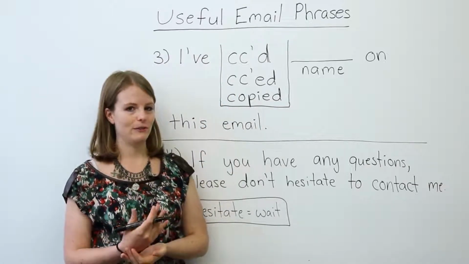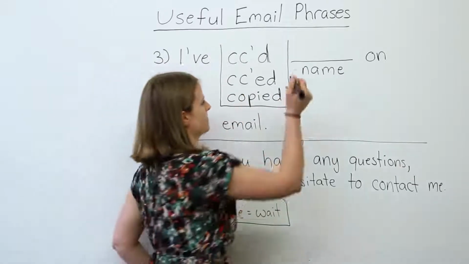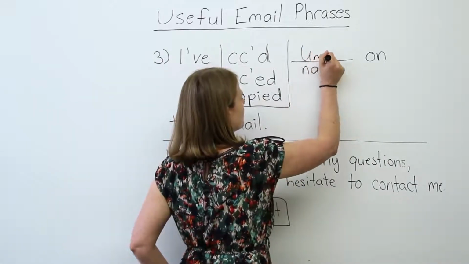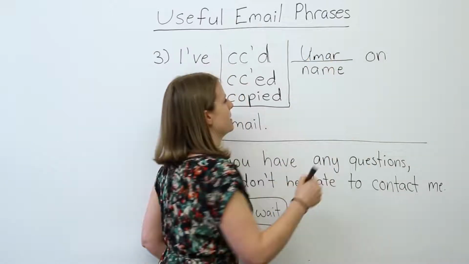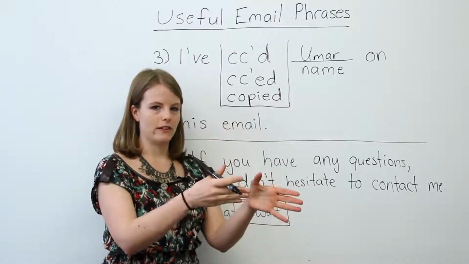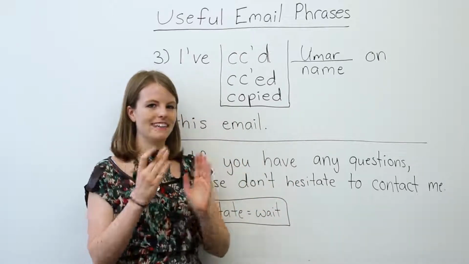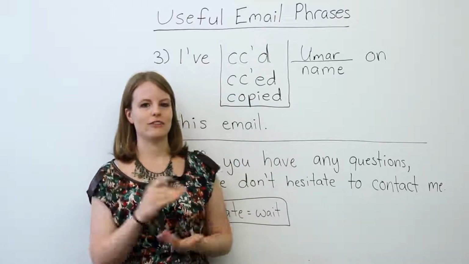All of these are correct to use. So I could say, I've CC'd Omar on this email, meaning the email goes to someone, but Omar can also see the email too. So the email isn't directed to Omar, he can just see it too.